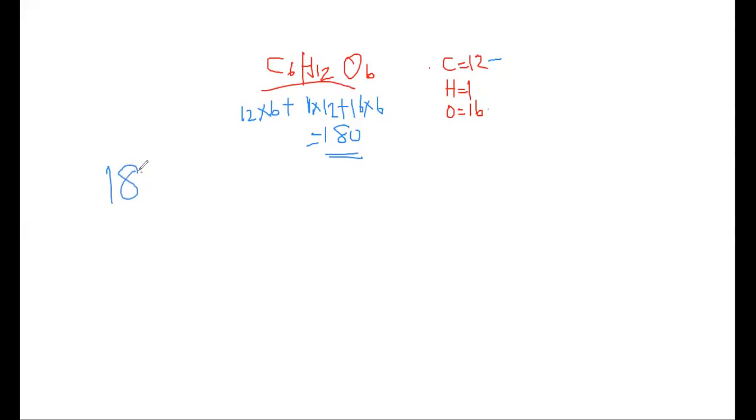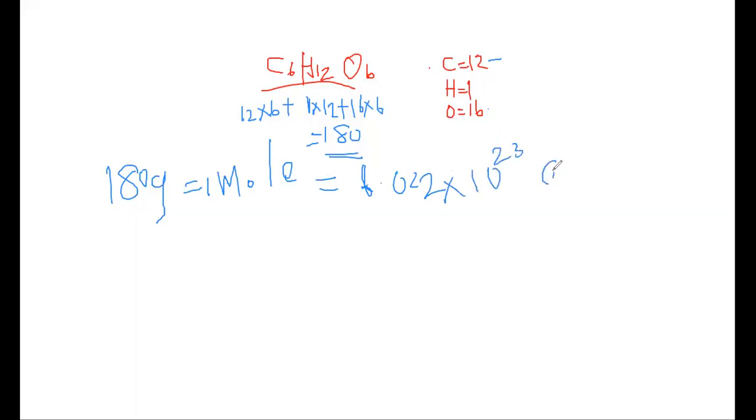So, you just take this one, take the point: 180 gram is equal to what? 1 mole. It will have 6.022 into 10 to the power 23 what molecules? C6H12O6 molecules.